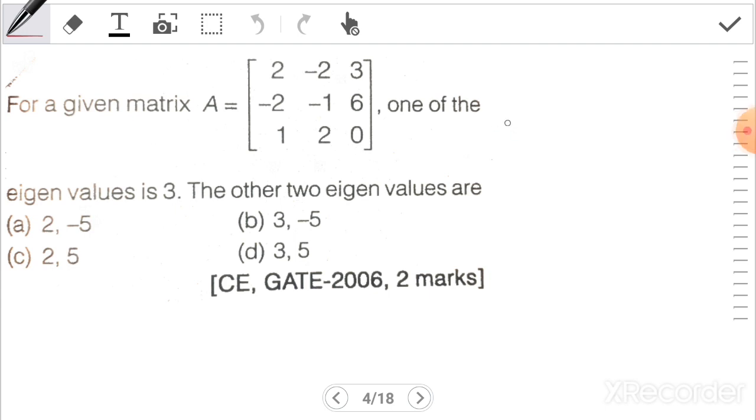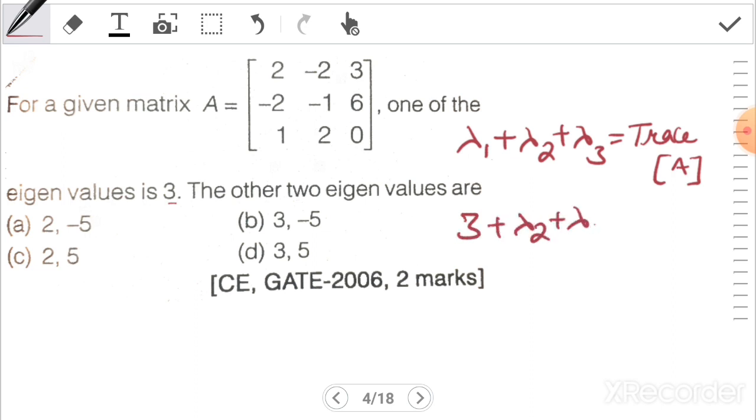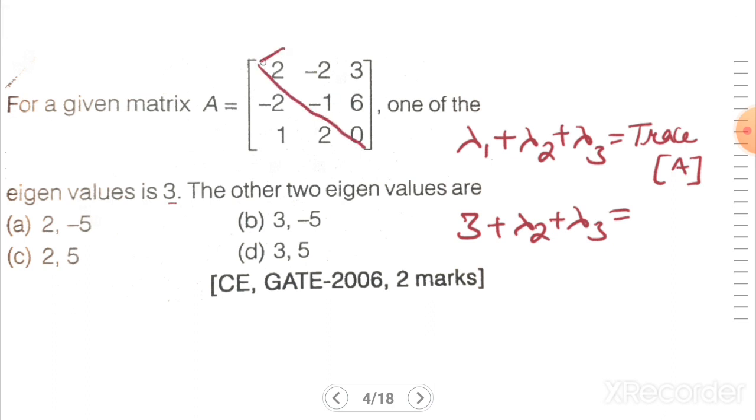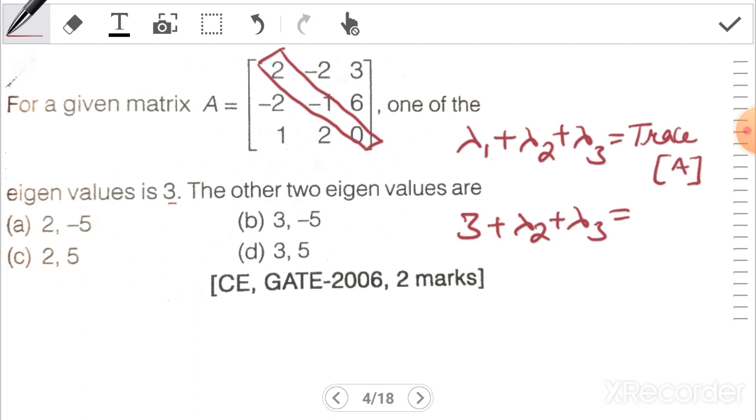We know that the summation of eigenvalues is equal to the trace of the matrix, meaning lambda 1 plus lambda 2 plus lambda 3 is equal to the trace of matrix A. So we have one eigenvalue as 3, so 3 plus lambda 2 and lambda 3, which are unknown, will be equal to the trace, 2 plus minus 1 plus 0.